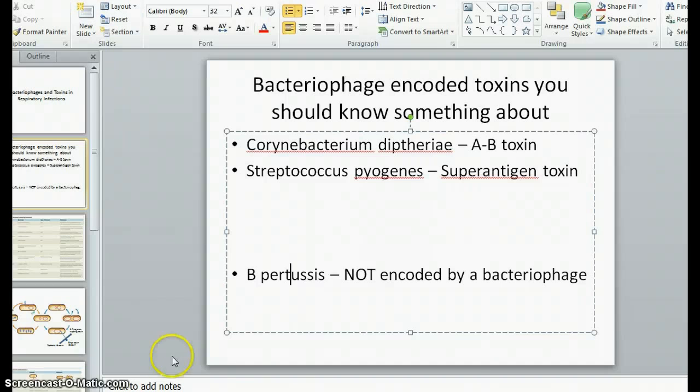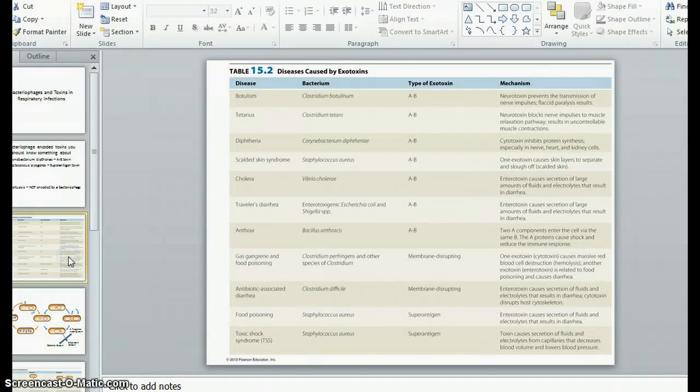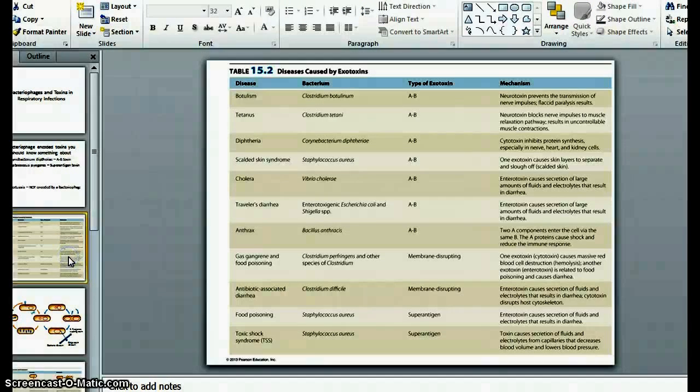Okay, so that's that. I just wanted to link it up to chapter 15, the table where they show AB toxin, superantigen toxin. Link it back to what we talked about in the past. I'm really not adding anything here. I'm not asking that you know exactly how an AB toxin works, except that one component delivers the toxin to the cell where it's going to act, and it sticks the other toxin inside the cell.